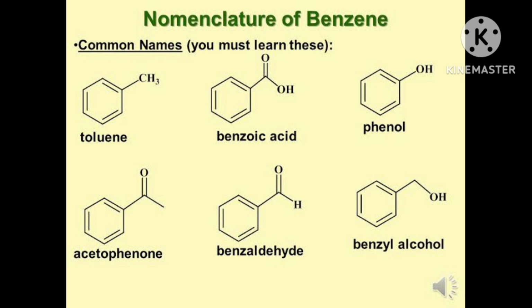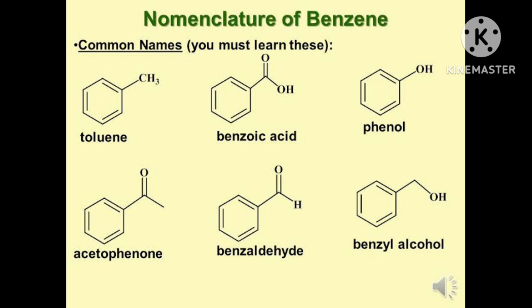It is named as meta-dibromobenzene because you start numbering with the first, then after the first, the next is called ortho, after that it is called meta, and after that it is called para, P-A-R-A.